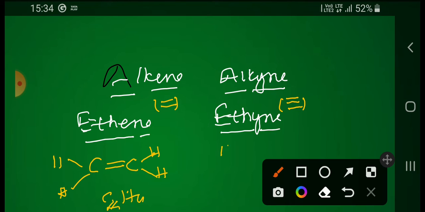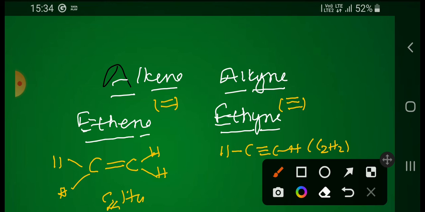In case of ethyne, it is like this. So it will be C2H2.